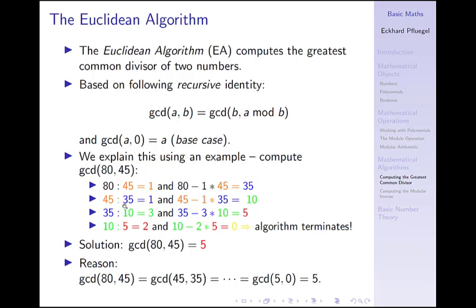So the 35 becomes the second argument. And then you start from the beginning again. You divide those two numbers, 45 divided by 35. Here the quotient happens to be 1 again. And now the remainder, the leftover, is 45 minus 1 times 35, which is 10.